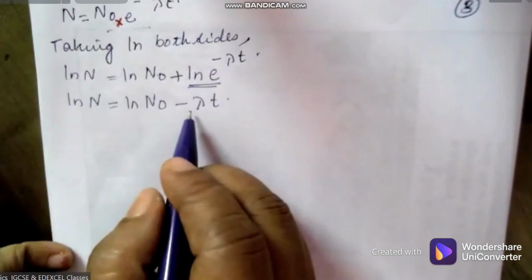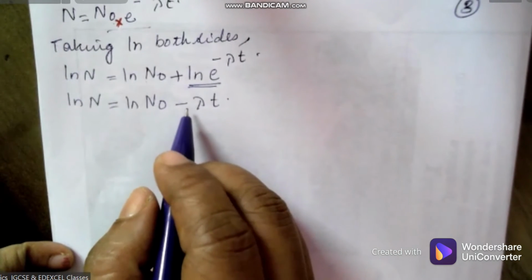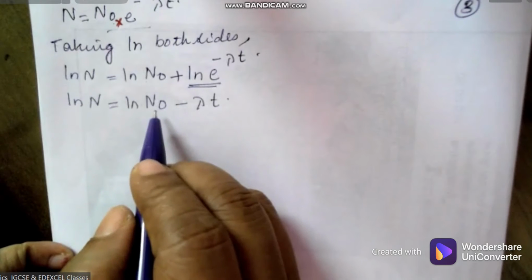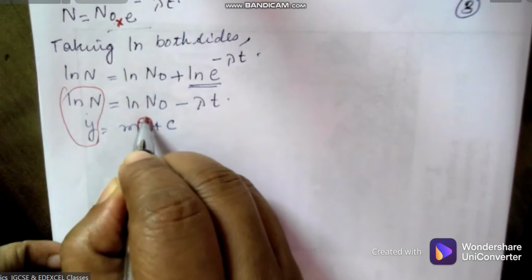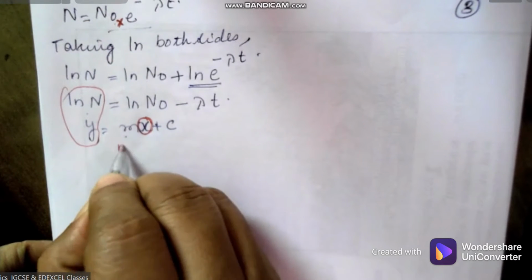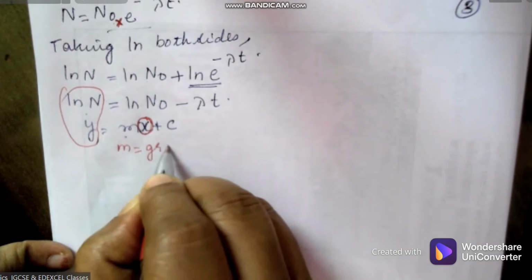Now you have to rearrange this in the form of y is equal to mx plus c. Here y is ln N, x is the variable, and the coefficient of x, m, is the gradient.